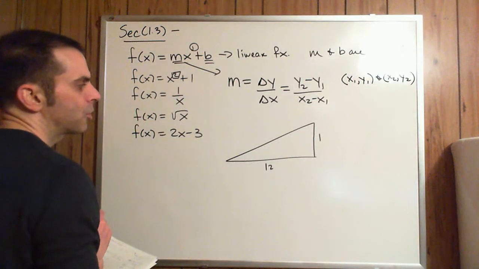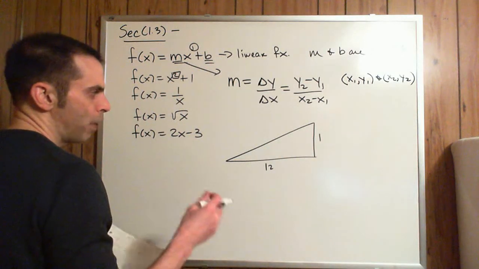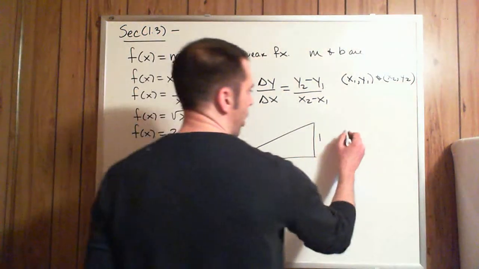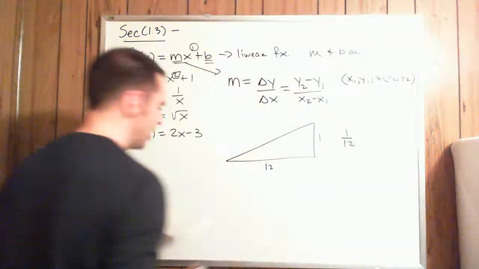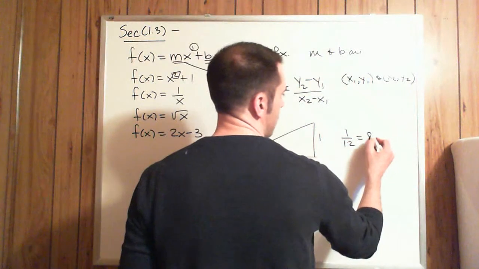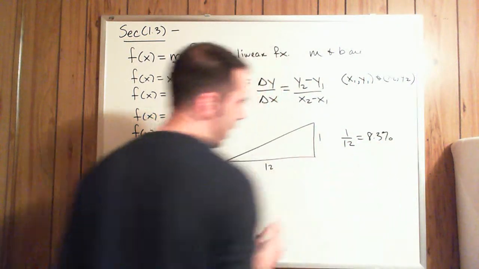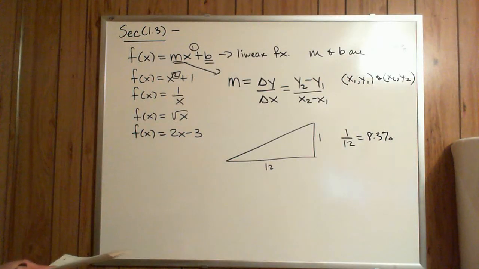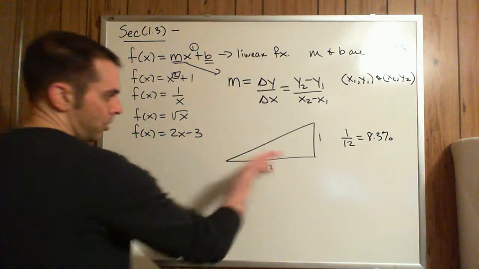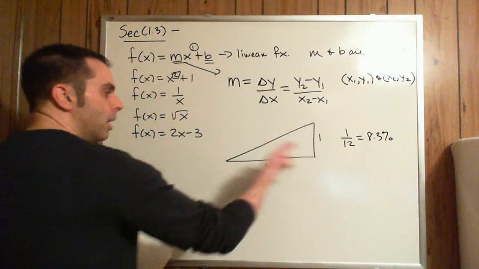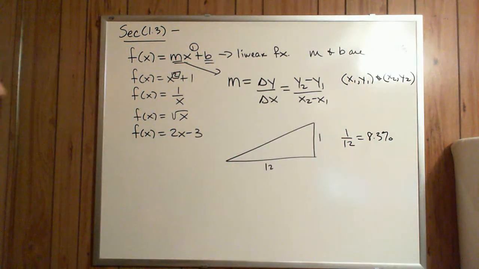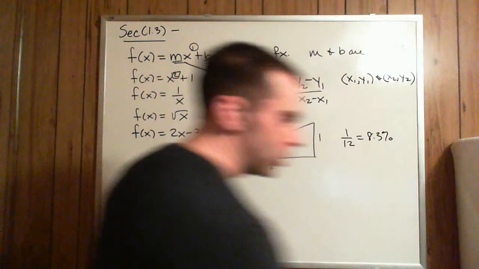So we would say that the slope of that ramp, or the grade of that ramp, is 1 over 12, and as a percentage it would be 8.3% grade. So we do see slope in the real world, as here in this example, as the grade of a handicap ramp. And also we talk about the grade of some hills that some trucks should not go up because perhaps they are too steep.